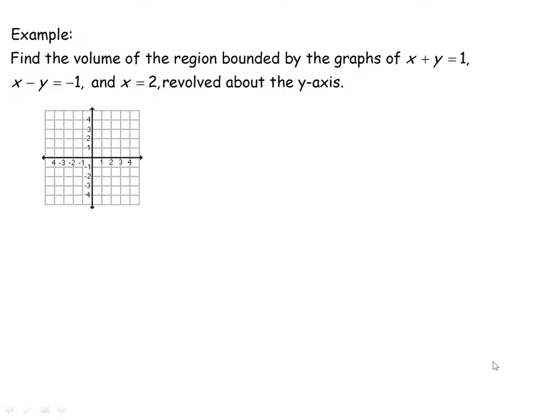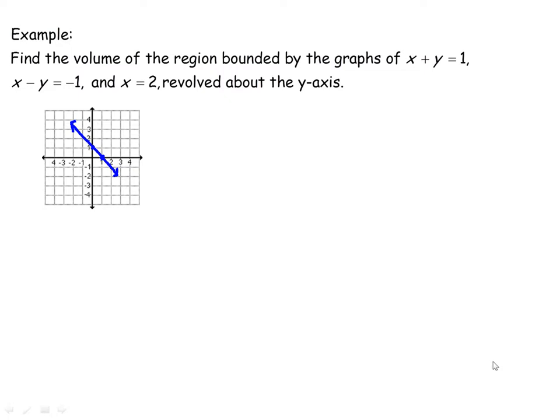All right, so here. Find the volume of the region bounded by these graphs. You have x plus y is equal to 1. We'll graph this one. So x is 1, y is 1, and you have this line right here. And then you have x minus y is equal to negative 1.